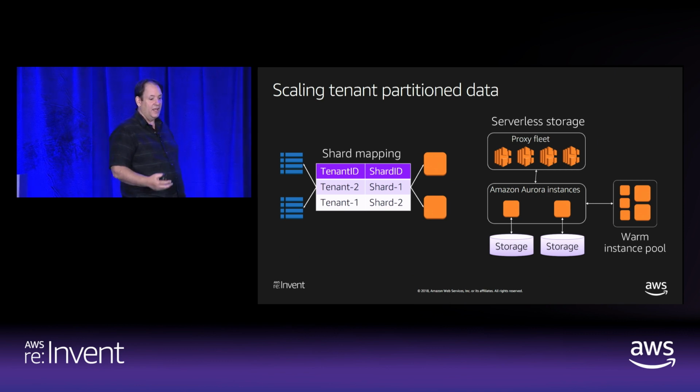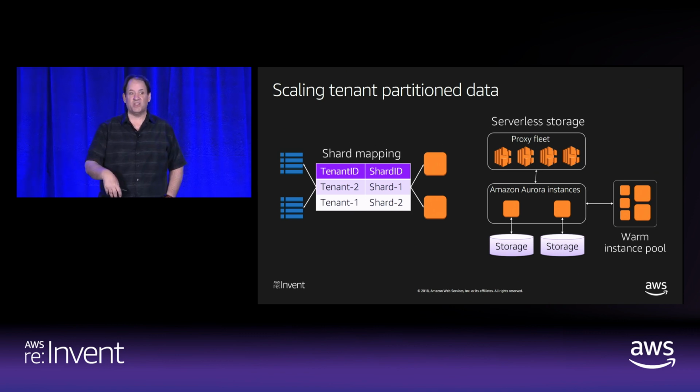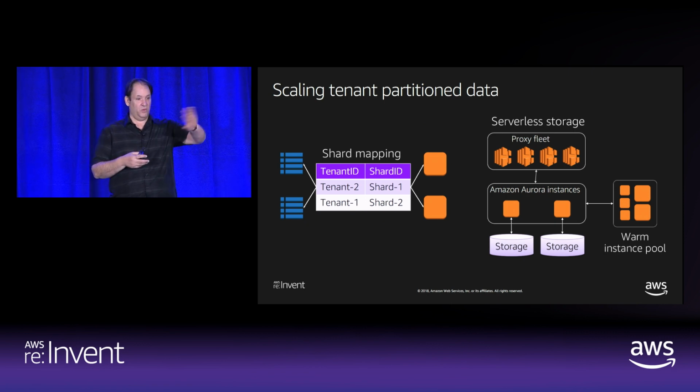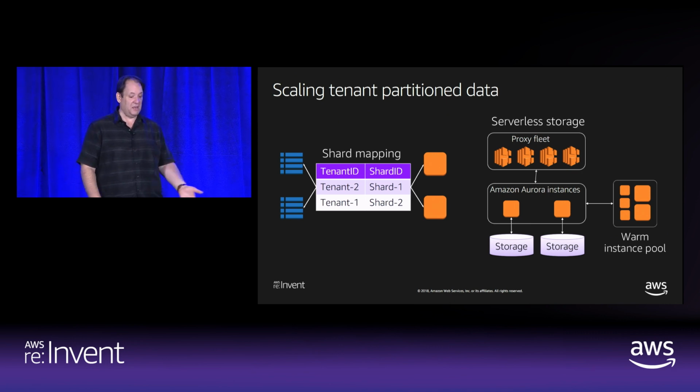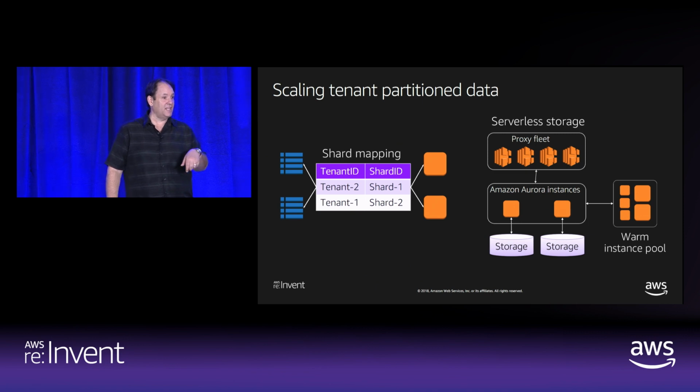Now there's a proxy fleet put between my application and the actual Aurora instances. Aurora will say, I'll take care of deciding what size instance you need. You just consume the data, and I'll keep a warm pool of instances of various sizes. If you're not using anything, there'll be almost nothing there, or really small instances, and you're only going to pay based on whether you're actually accessing the data.